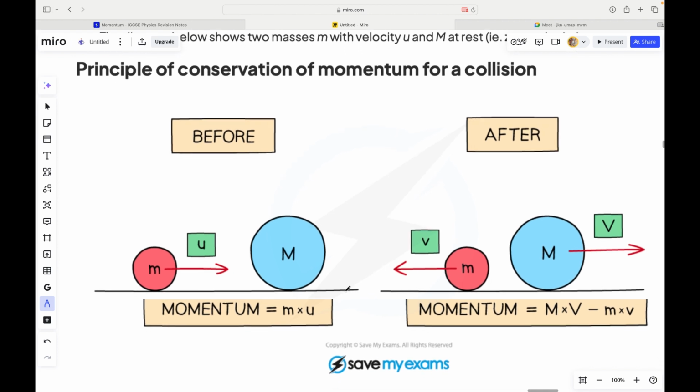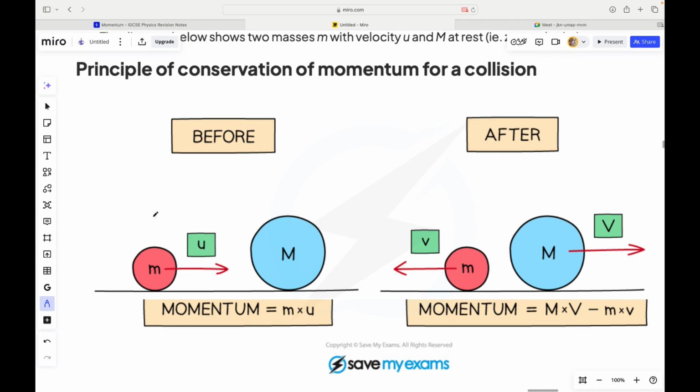Let's take a look at more explanation on the principle of momentum. Now we have two objects, because this is where it gets interesting: one with a small mass moving to the right, and another one stationary with a big mass. When you have two objects like this, we do an algebraic sum.